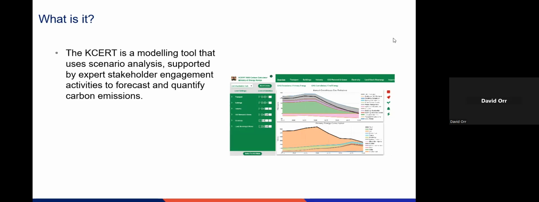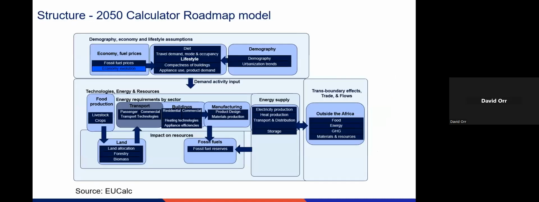So the structure of the 2050 carbon calculator, it takes an entire system analysis, so it doesn't look at energy generation. But it looks at the entire system. We model six sectors, so transport, industry, buildings, land use, and carbon emission reduction.